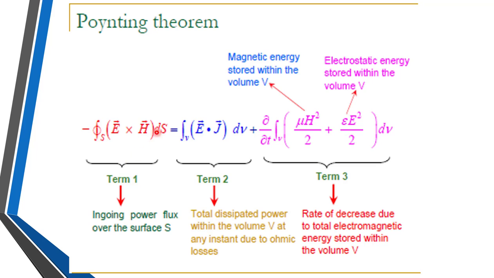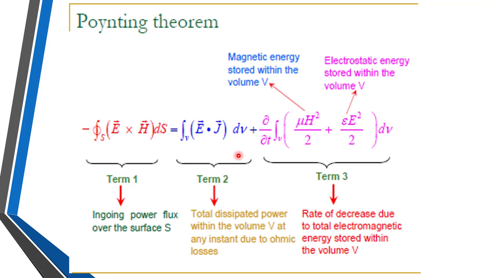This term is the ingoing power flux over the surface, or the rate of flow of energy inwards through the surface of the volume. As it is minus, it indicates inward flow. If it is plus, then it indicates outward flow. So this is the power flow outside or inside the volume through the surface.